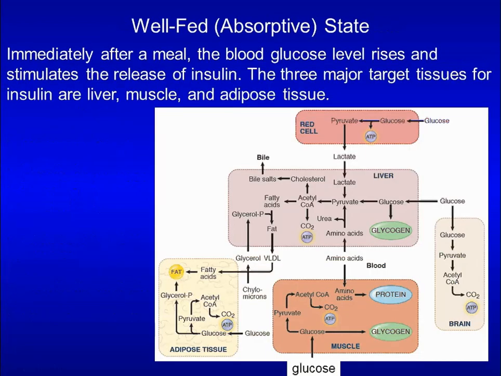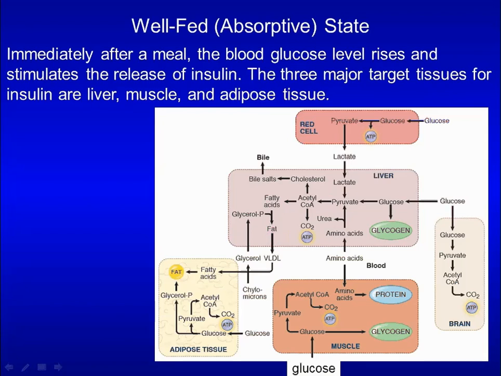In the well-fed state, three major target tissues for insulin are liver, muscle, and adipose tissue. The brain and red blood cells are insensitive to insulin. Insulin promotes glycogen synthesis in the liver and in muscle. Liver converts excess glucose to fatty acids and TAGs.